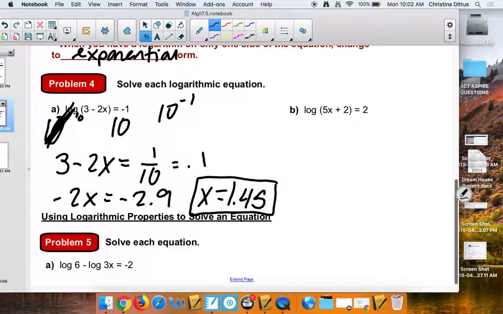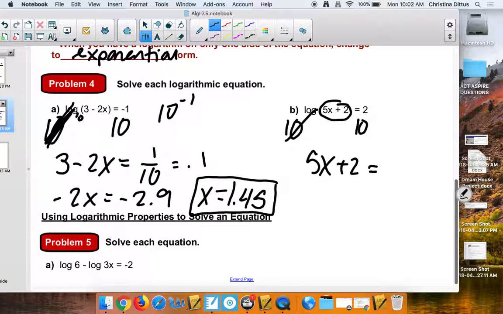The big thing I want you to take away is that to get rid of logs, we take 10 to the power of our log, and then they cancel. Here, our log is by itself, right? There's nothing else in the way. So I'm going to take each side as the exponent of base 10. What happens with my 10 and log? They cancel, and on the left-hand side I'm left with just 5x plus 2.